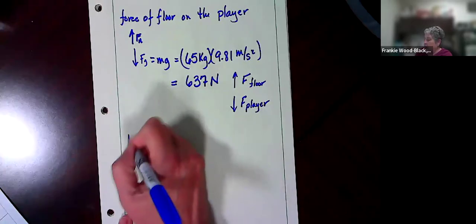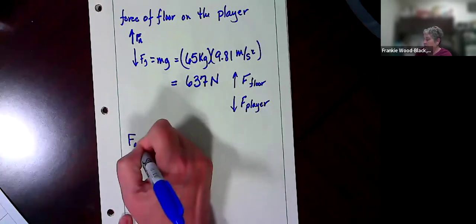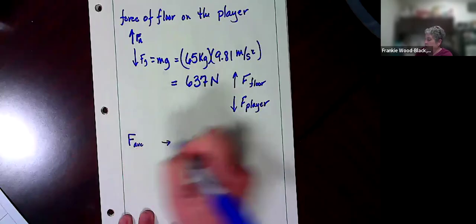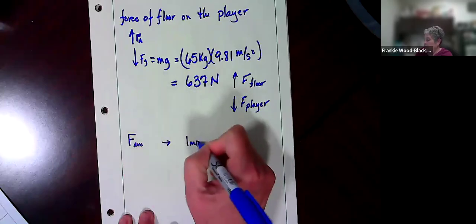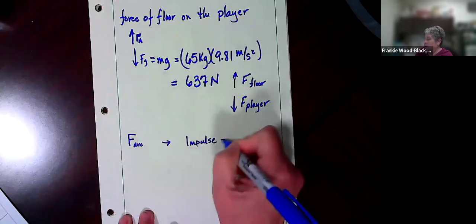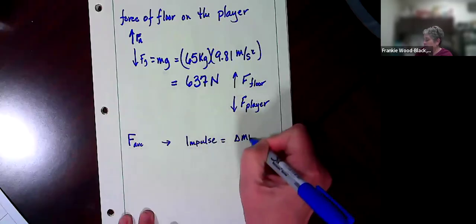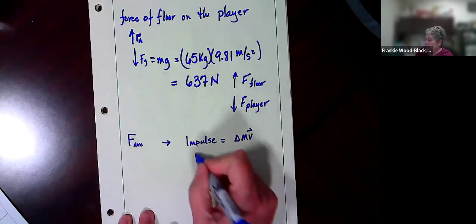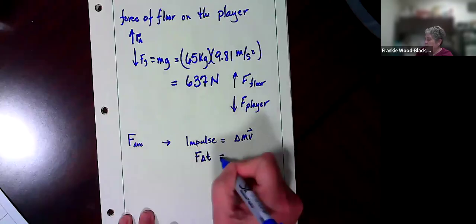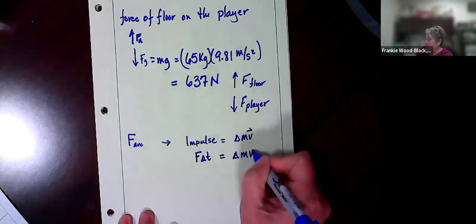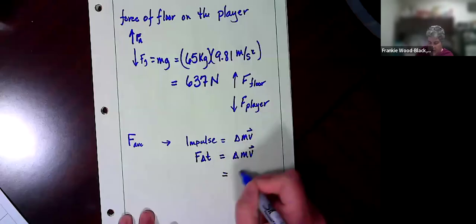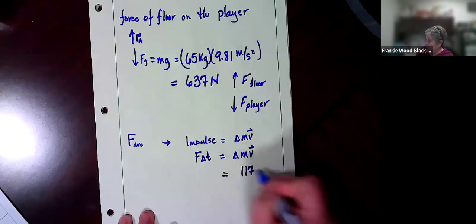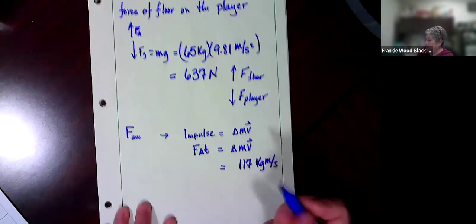But if we want to know the average force, we can use our impulse, which is equal to our change in momentum. That's force times my change in time, which is equal to my change in momentum. We already figured that part out. That was 117 kilograms meters per second.